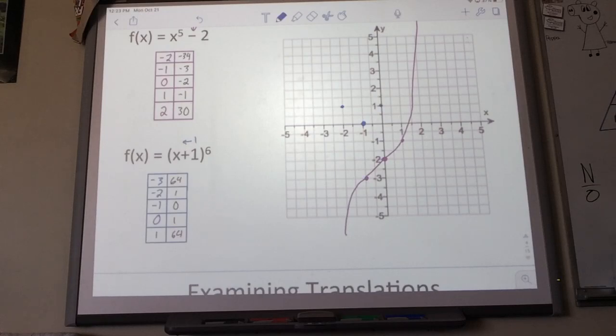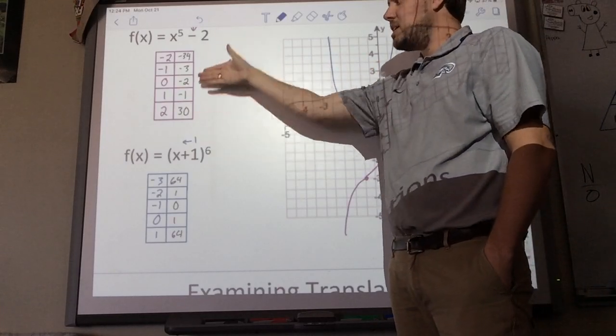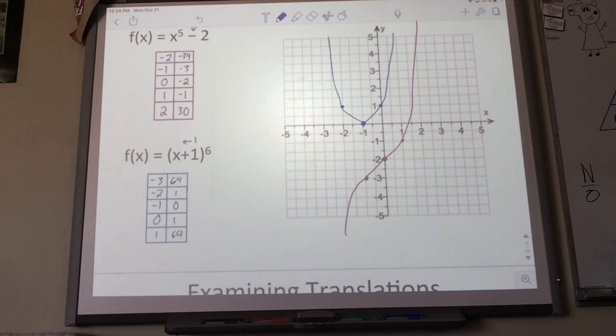So here's our second point. Okay, that's what our graph should look like. And all of it depends on our original shift and then things on either side of that original shift. Okay.